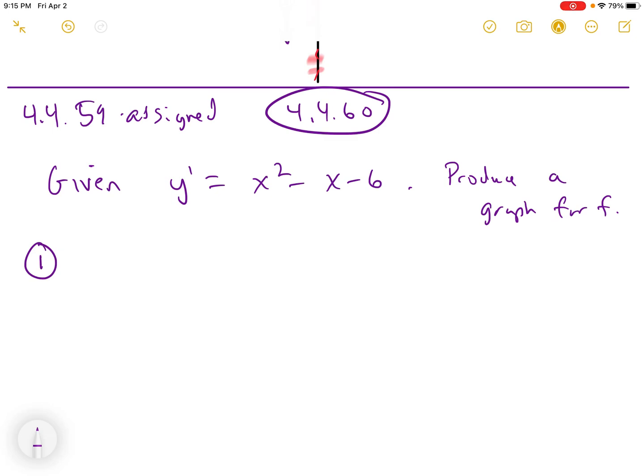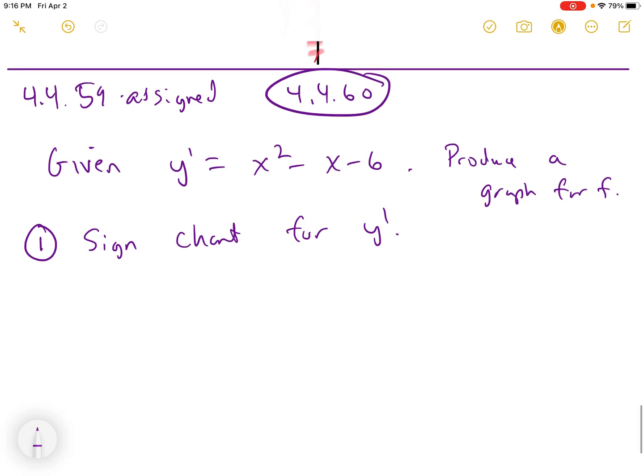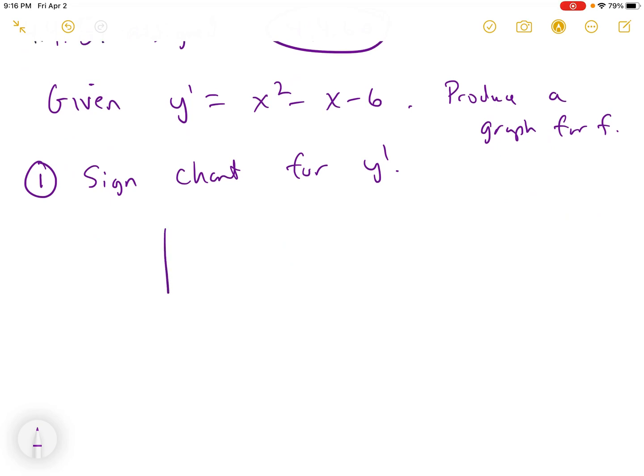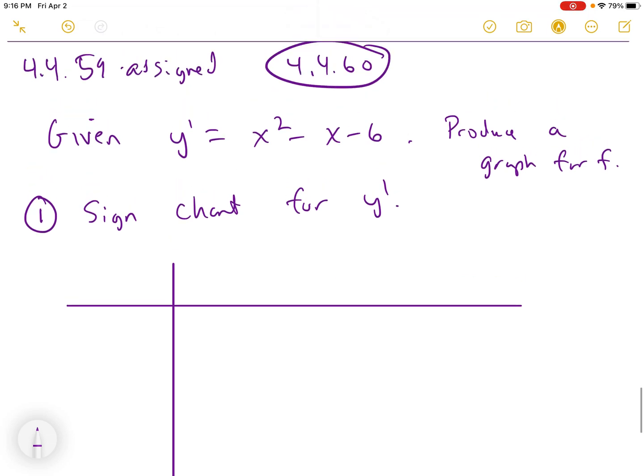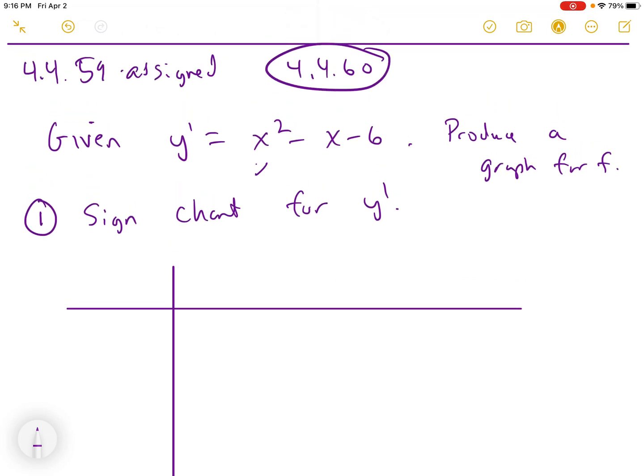So first of all, we want to make a sign chart for y prime, and your book tells you to make a sign chart for y double prime, which we'll do, but I think that this chart is more important, okay? So this is a sign chart for the derivative, and this thing factors, and you get critical points at -2 and 3, right?